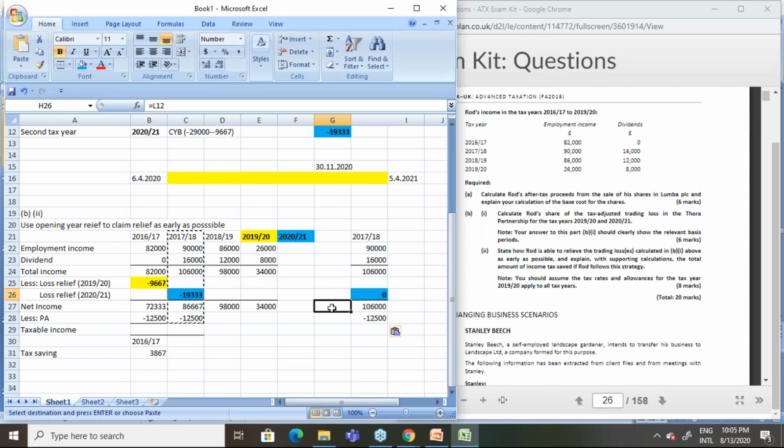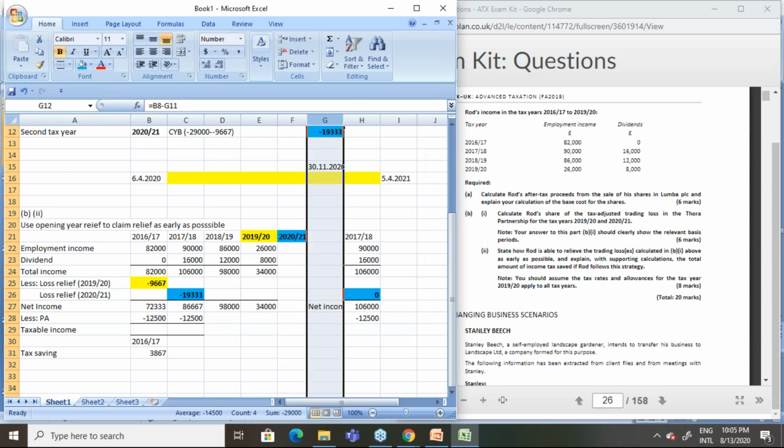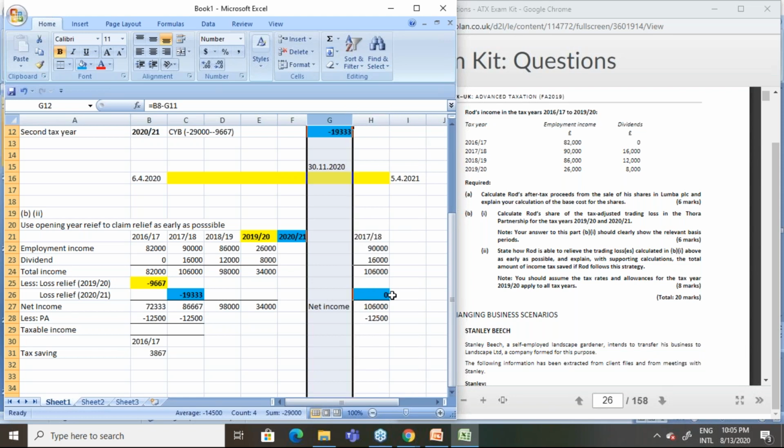Then what would have been your net income? Net income, assuming you have not claimed the loss relief, would have been 106,000.